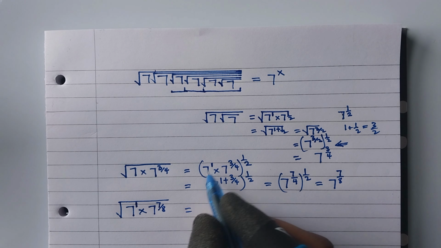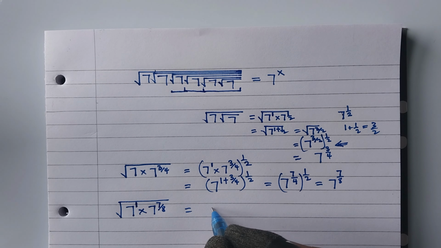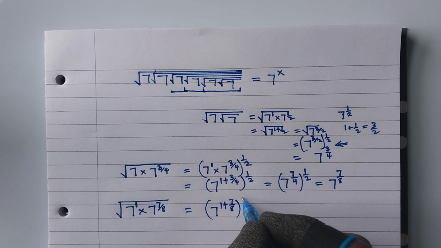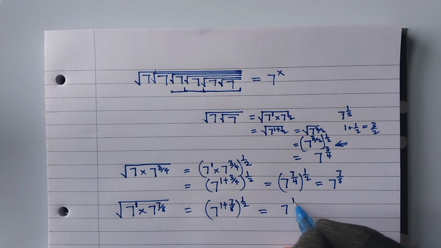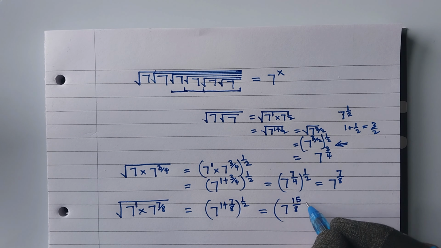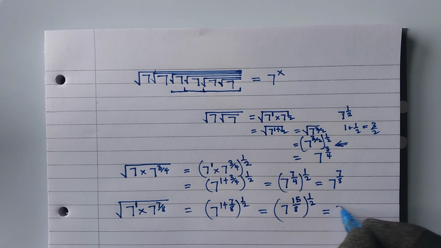So that is the same thing as following this same approach, 7 raised to power 1 plus 7 over 8, then raised to power 1 over 2. That is 7 raised to power 15 over 8, then raised to power 1 over 2. So this gives me 7 raised to power 15 over 16.